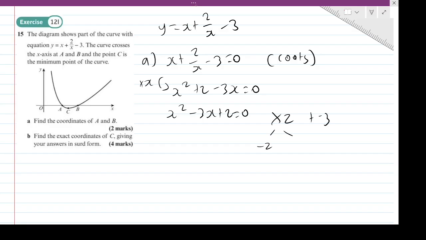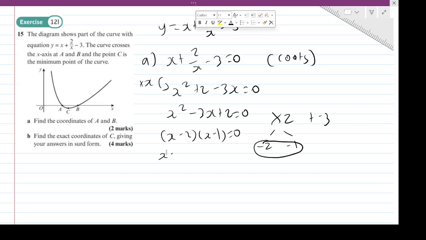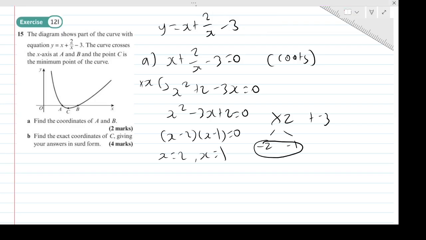Yes, because if I take minus 2 and minus 1, those are my two factors. I add to get minus 3, times to get 2. So my factors are x minus 2, x minus 1 equals 0. Therefore, my two values are x is 2, x is 1. So we can safely say that A is when x is 1 and B is when x is 2.